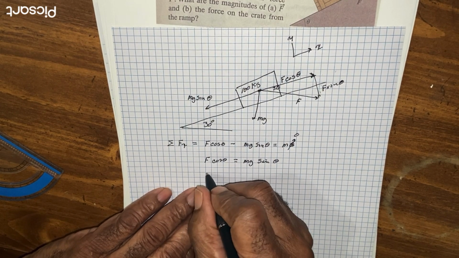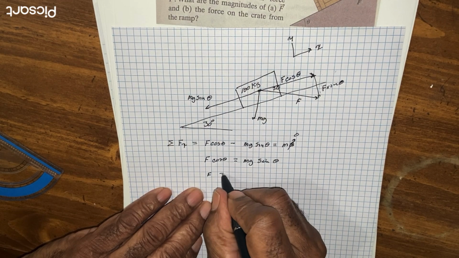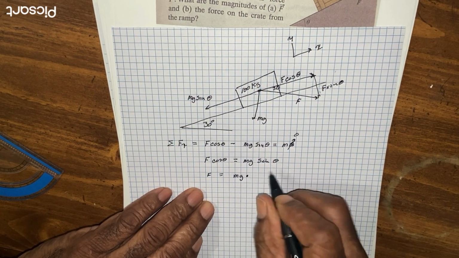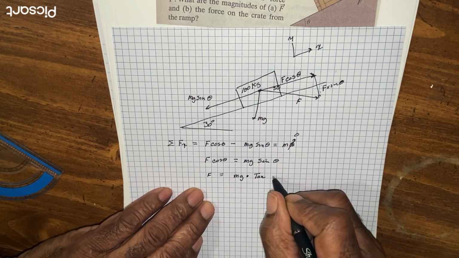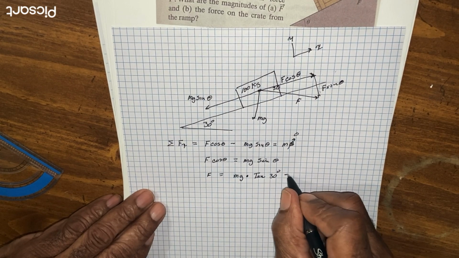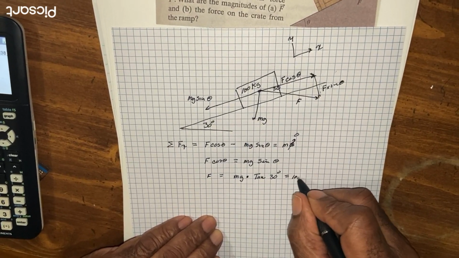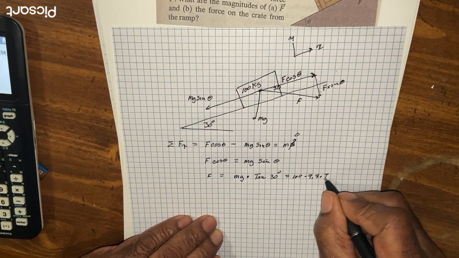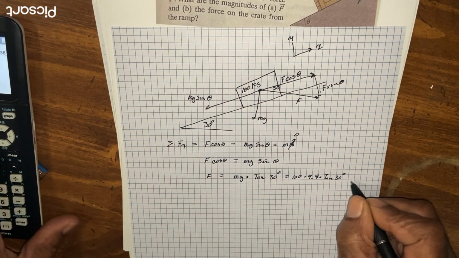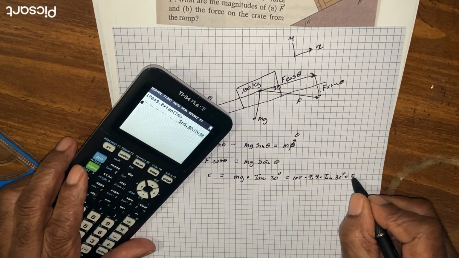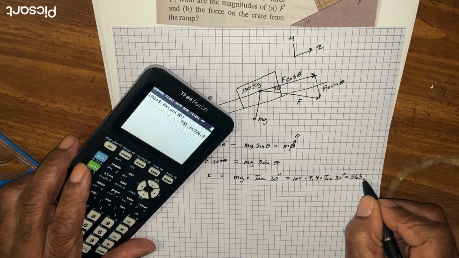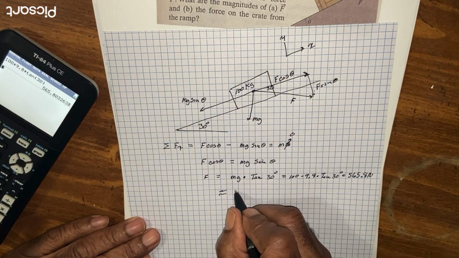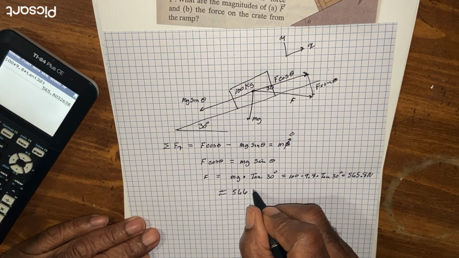And when we solve that, we have F is equal to mg times the tangent of 30 degrees, and that's equal to 100 times 9.8 times the tangent of 30 degrees is equal to 565.8 newtons, which is equal to 566 newtons.